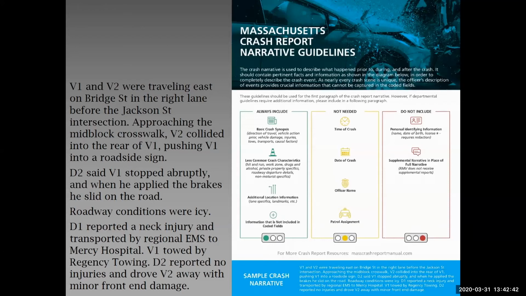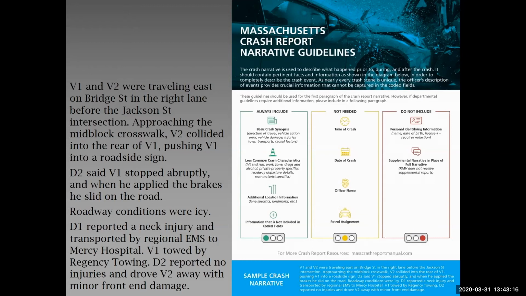One of the things we're suggesting is that officers use vehicle 1 and vehicle 2 and driver 1 and driver 2, as many of you do, because that helps us get away from the personal identifying information. So if folks contact the Registry of Motor Vehicles and ask for a crash report, if there's personal identifying information, the registry has to redact that before they can share that crash report. So using this V1 and V2 and D1 and D2 helps alleviate that problem.